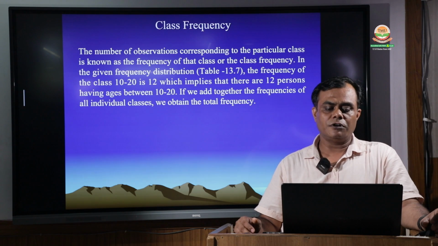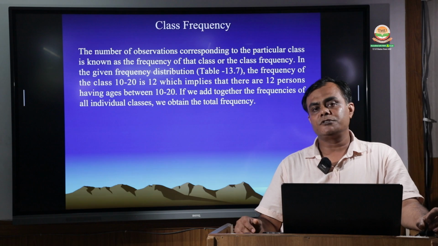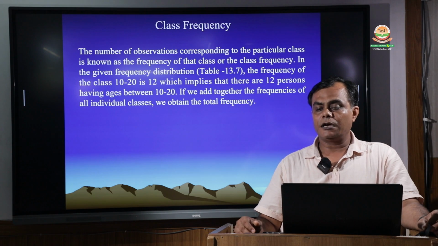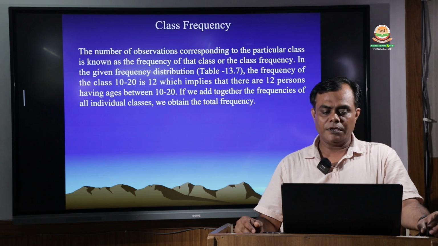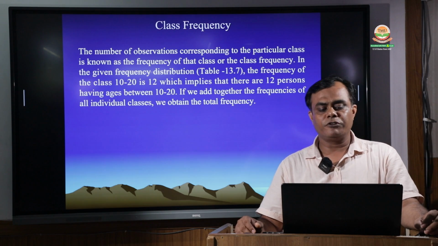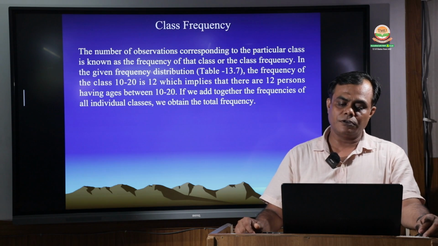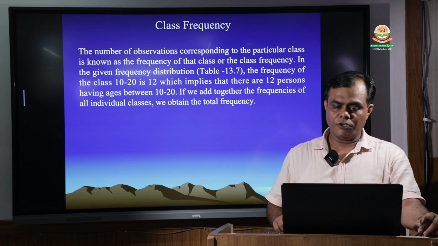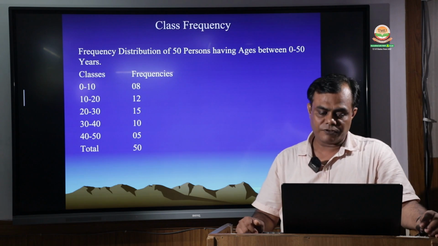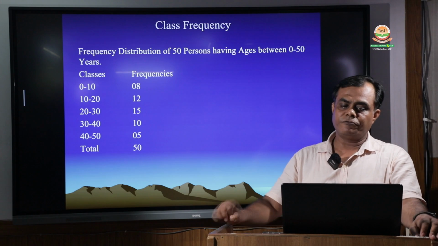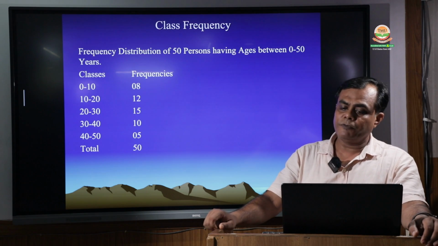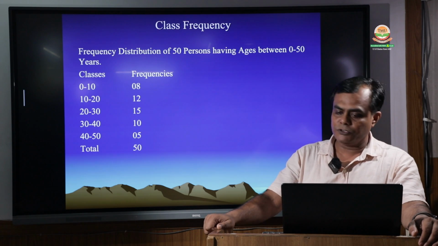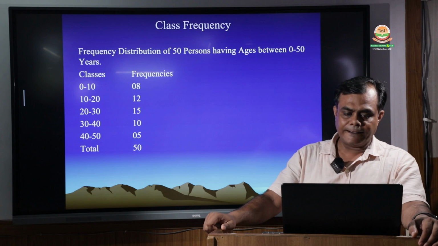The frequency of the class is 12, which implies that there are 12 persons having age between 10 and 20. If we add together the frequencies of the individual classes, we obtain the total frequency. Here the table gives the frequency distribution of 50 persons having ages from 0 to 50, in different classes.